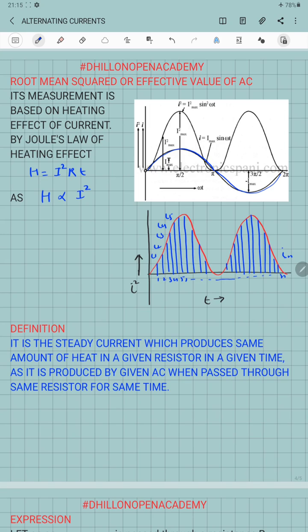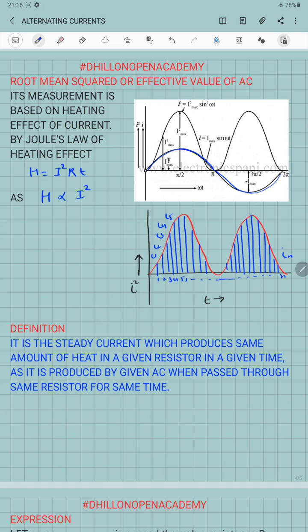So if we have some AC current of, say, 2 ampere passing through a resistance, then the heat produced in the resistance for a small time t will not be proportional to 2, but to 4, that is the square of 2.